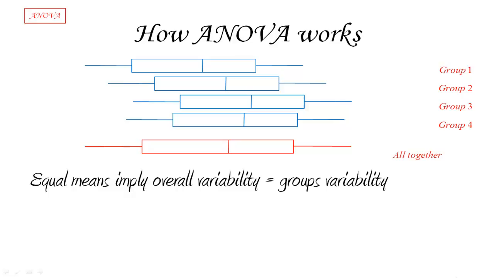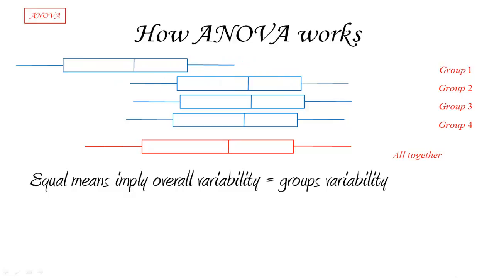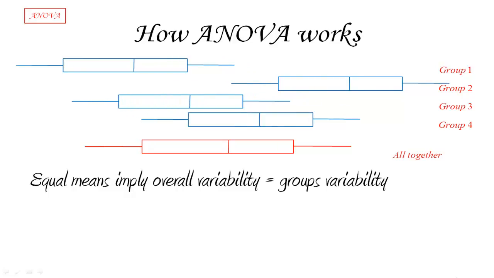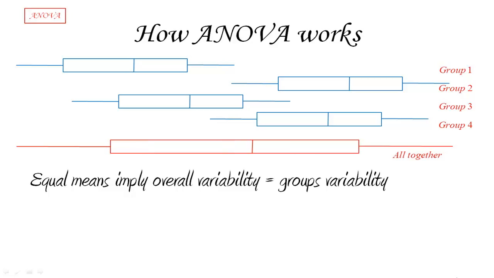Okay? But let's say that these four groups actually end up being quite different in terms of their means. So one group actually is a lot less than the other one, some are somewhere in between, and so on. But now again, if you look at these four groups, they look quite different. Well, if we put all the data together, what would the box plot look like? Well, of course, it would look more like something like this, right?